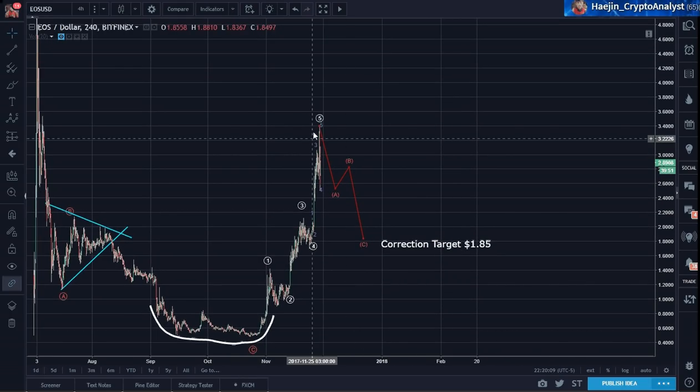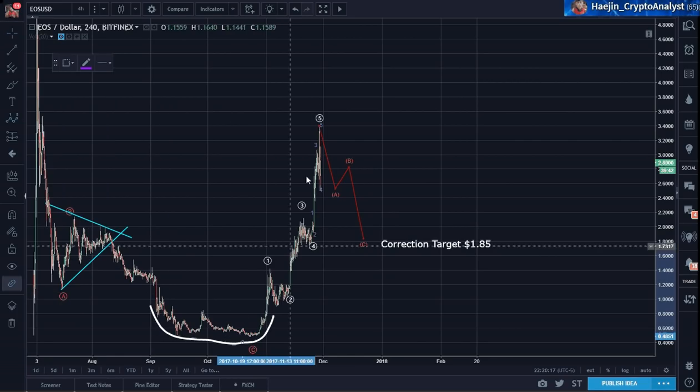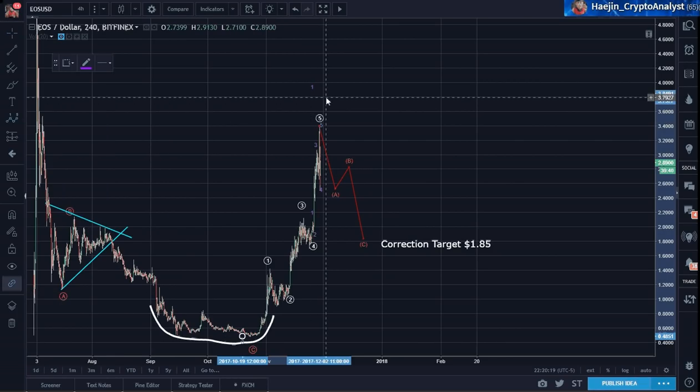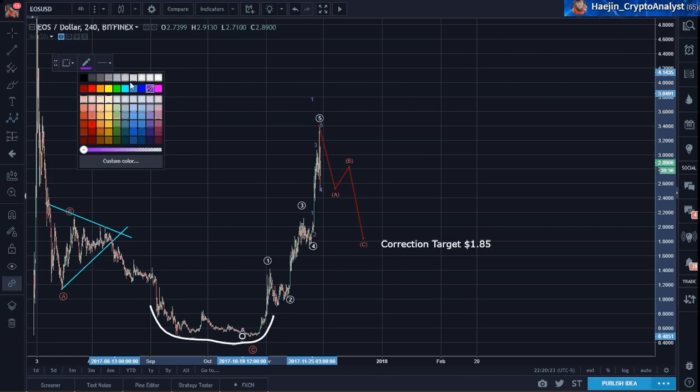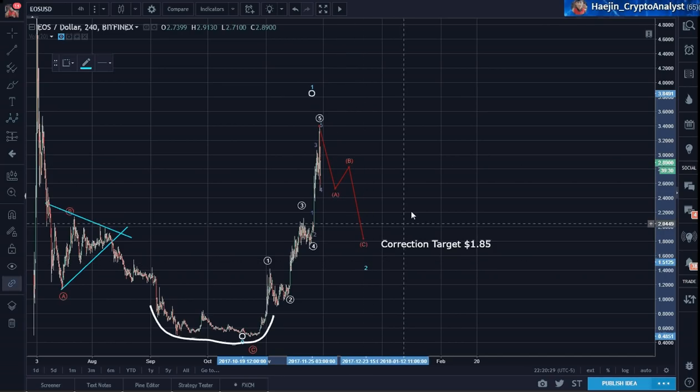We have 5 waves. Those 5 waves become subwaves to a higher degree wave 1. This ABC will become subwaves to a higher degree wave 2.